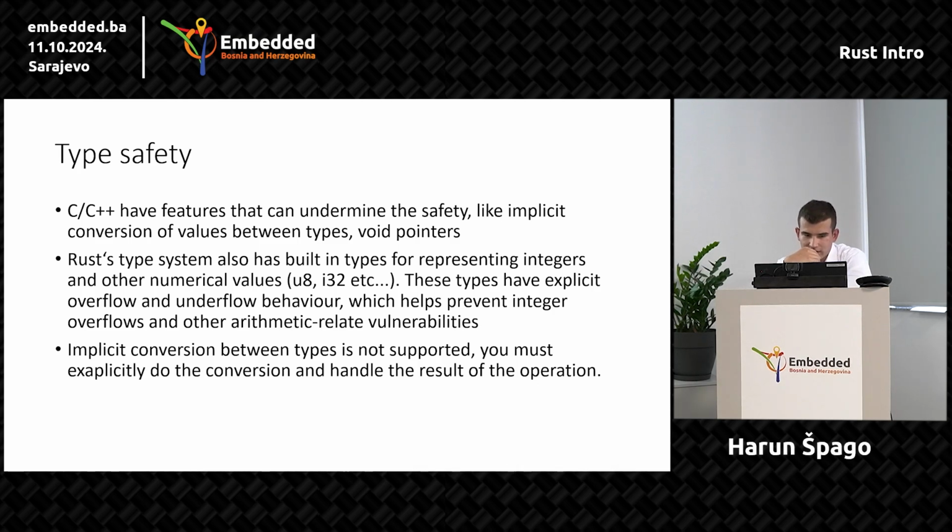In Rust we also have built-in types for numerical values, and all of those types have a defined overflow and underflow behavior. So if we have an unsigned 8-bit variable a, which is 0, then when we try to subtract 1, the program will panic.